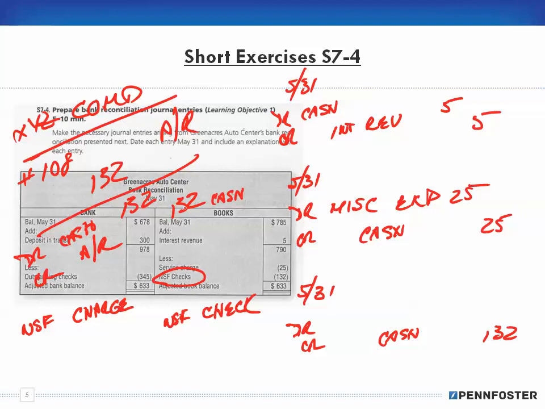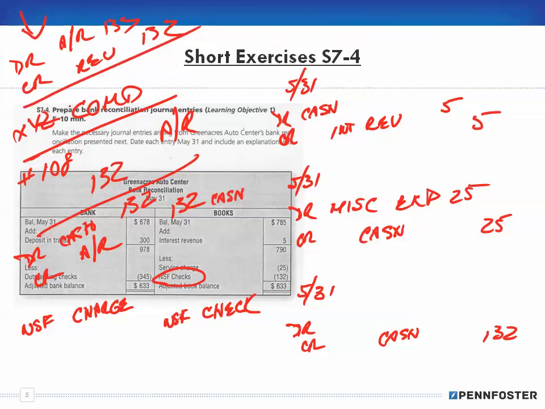So let me change this since it's the actual number. XYZ company had bought something on account. When they originally purchased it, you debited accounts receivable for 132 and credited revenue for 132. That was the original purchase.